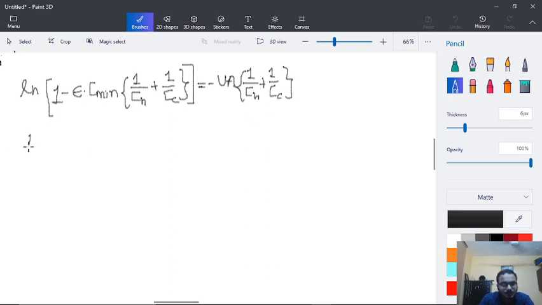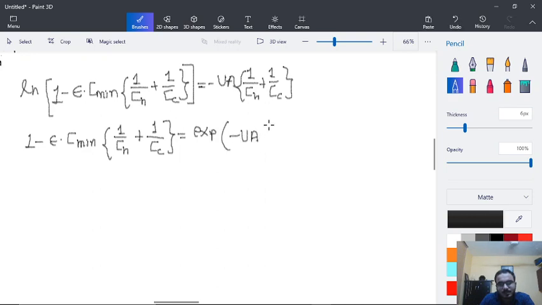So here now 1 minus epsilon into C minimum into 1 upon Ch plus 1 over Cc is equal to exp of minus UA into 1 upon Ch plus 1 upon Cc.